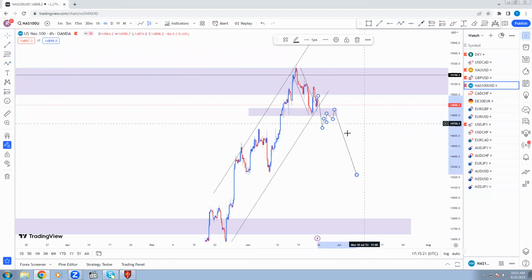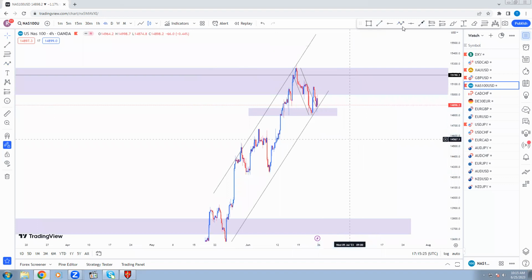But if now the market continues going to the upside, I need to look for more confirmations, maybe something like this. Market might come back, retest, in a correction. Then that's when I'll be looking forward for buying opportunities. But for now, I'll be looking for selling opportunities on NASDAQ.